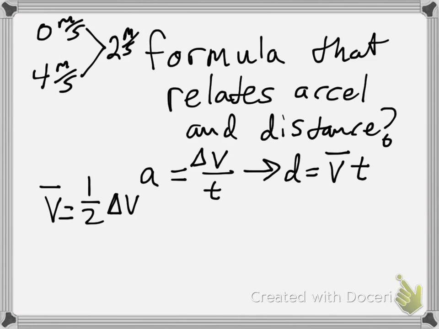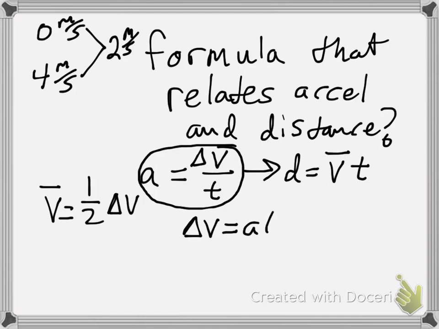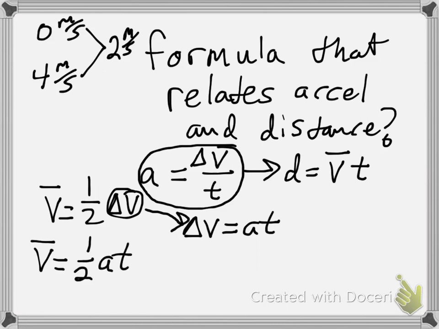Okay? And so what we can do is look at this equation right here and solve it for delta v. We'll have delta v is equal to at. But delta v in this equation can now be replaced by the delta v here. So the average velocity equals 1/2 the acceleration times the time.